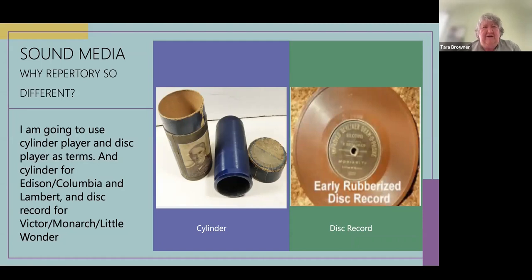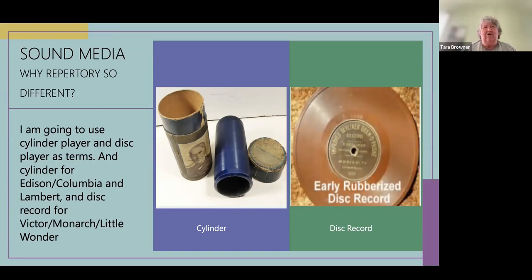The question that I'm going to be dealing with, and I think I can answer a little bit of it, I don't think that I have the answer, but it's why was the repertoire so different for each medium? And the other thing I want to delimit a little bit here is with cylinders, I'm going to stay primarily with Edison.